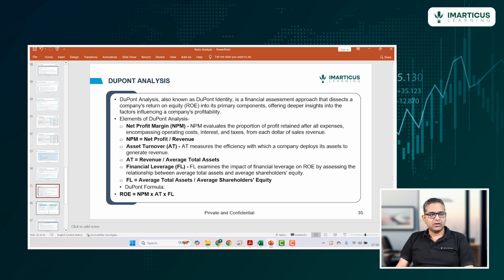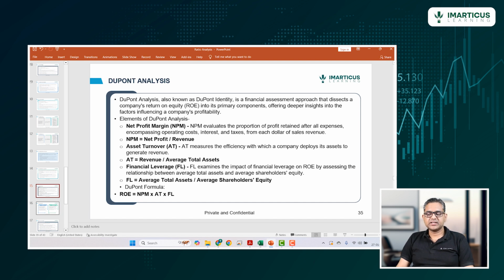Which factor is resulting in the increase or decrease of ROE? That is what we can figure out by breaking down ROE into three components. When we do that, three components, five components, we call it Dupont analysis.